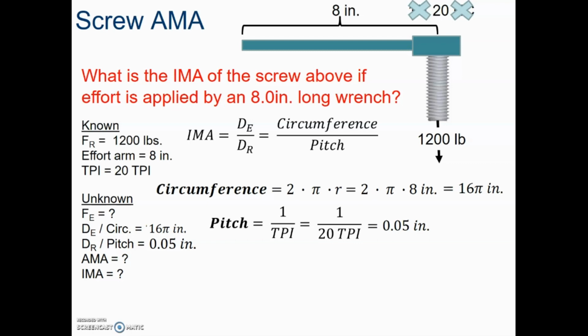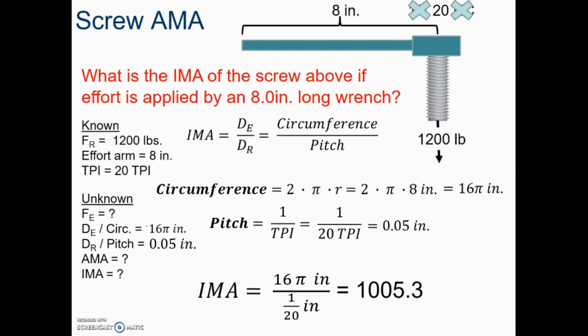Okay, so we have our circumference. We grabbed that from our calculation with the effort arm. We have our pitch, which we calculated with the TPI. Now we can finally plug that in to figure out the IMA of our wrench. And so I'm going to plug my circumference in for the numerator. I'm going to plug my pitch in for the denominator.